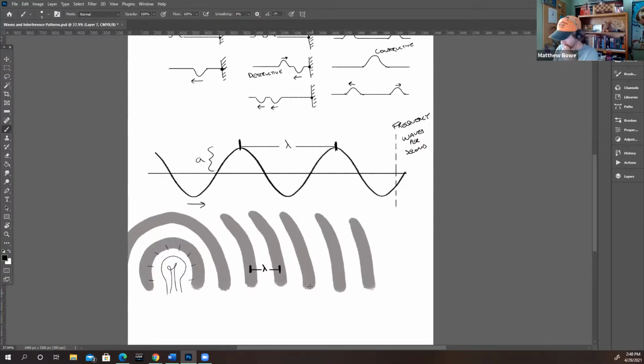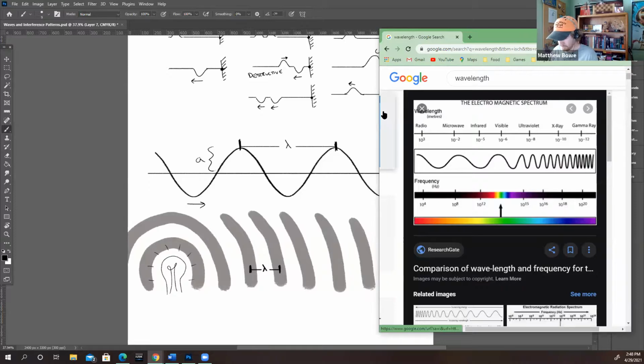Right, and so a lot of the simulations will do better than my pictures than I can draw. Let's go real quick. Just want to show this. You've seen these before in your book or in another class somewhere. This is the electromagnetic spectrum. So these are just waves of the same type.